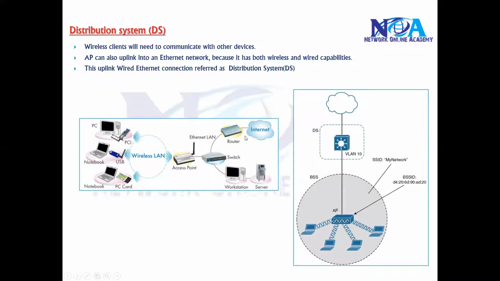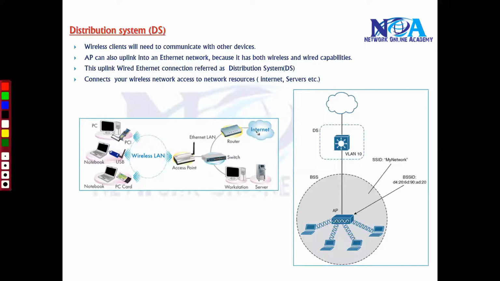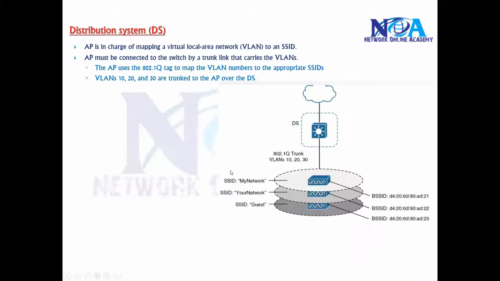Finally, what this distribution system is going to do is provide you the connectivity from your wireless network to the wired resources. Like here, in the example, we have some servers and the internet on the wired network. They can connect from the wireless to the wired network through this distribution system. That's a technical term for the uplink used from the access point to the wired network.